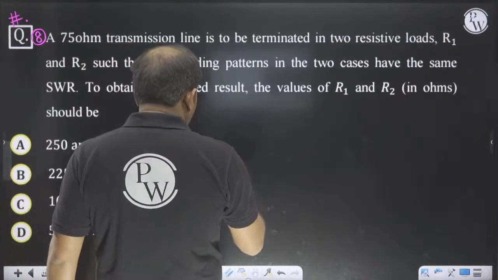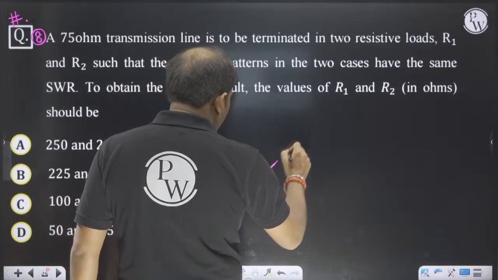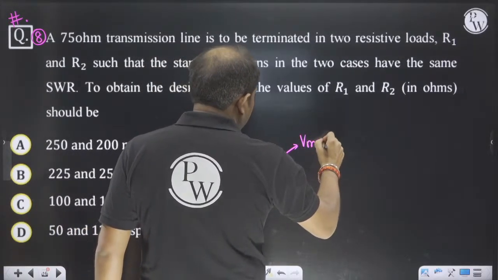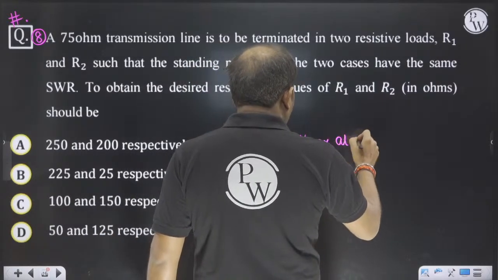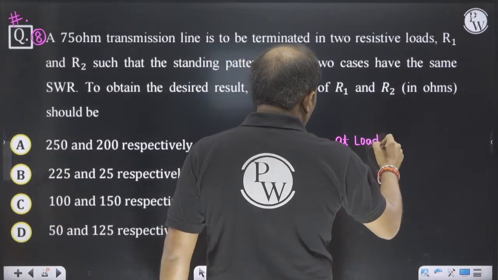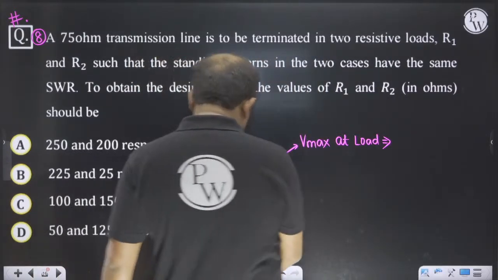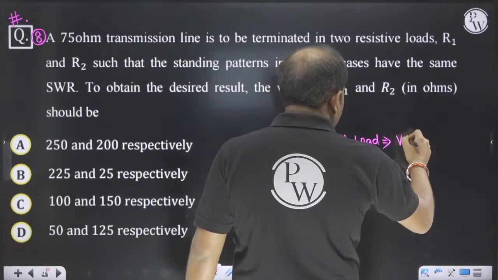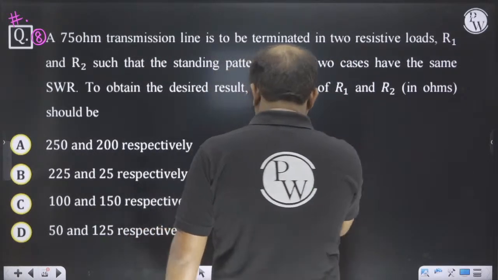So I will take VSWR. If there is Vmax at the load and Vmin at the load, the formula will be as follows, with ZL greater than Z0.